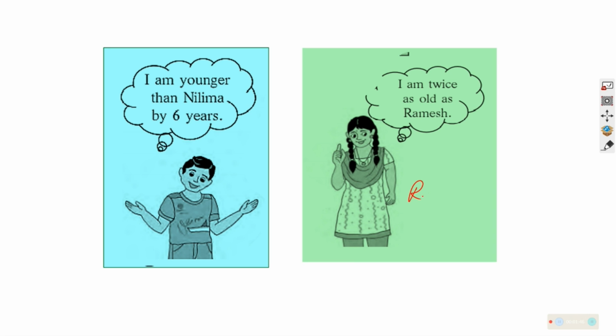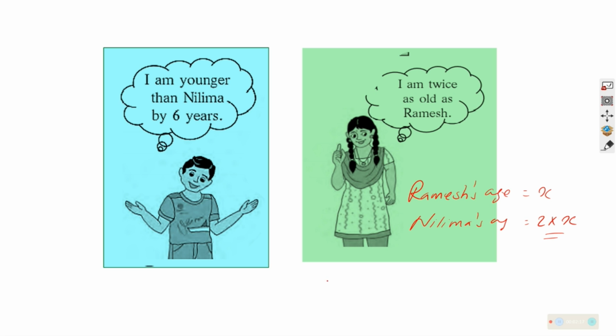Suppose that Ramesh's age is equal to x, then Nilima's age will be 2 into x, because Nilima said twice that of Ramesh. So we could write it, but we don't know exactly what Ramesh's age is. But we know the relationship now. This is one way you learned in the last chapter.